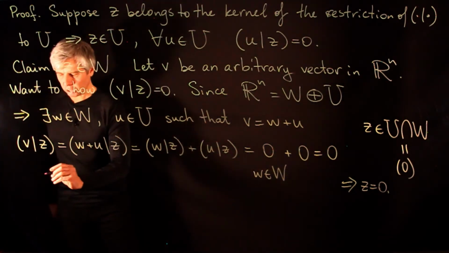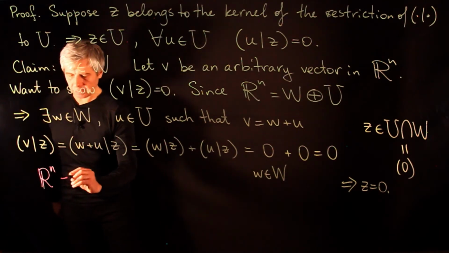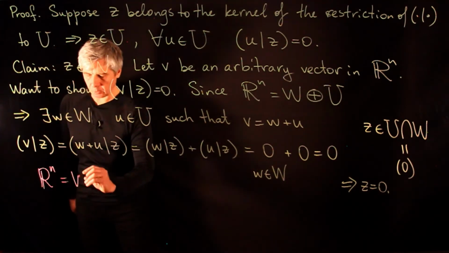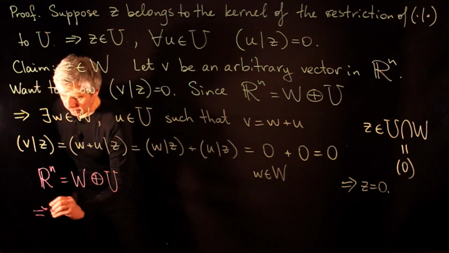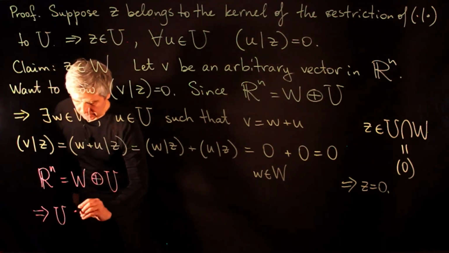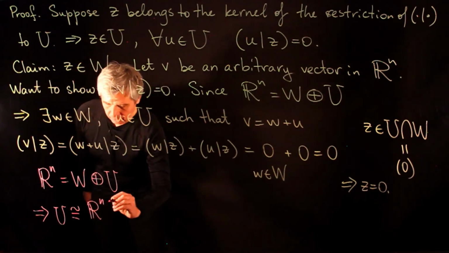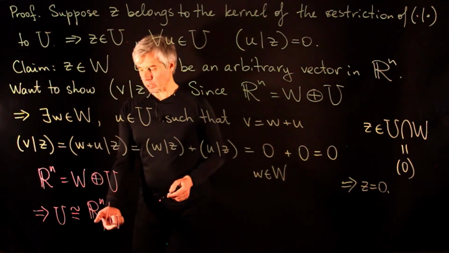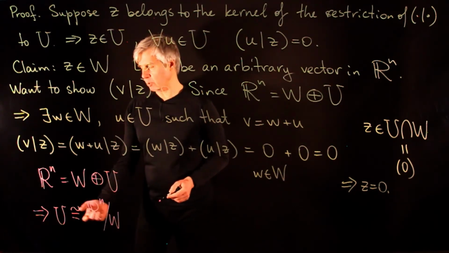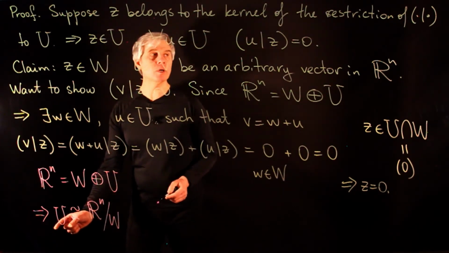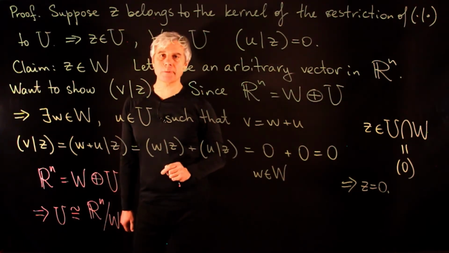These two propositions are closely related because the decomposition of Rn into W plus U implies that U is isomorphic to the quotient space of Rn by W. So this quotient space with the induced bilinear form may be interpreted as a subspace U with the restriction of the bilinear form to the subspace.